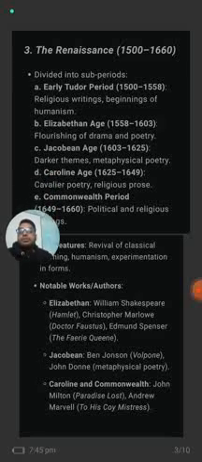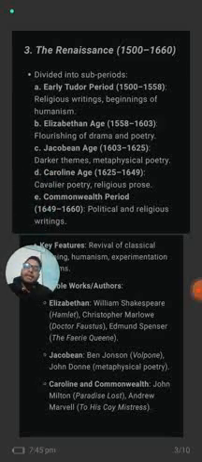Now we will know the Renaissance. The Renaissance period starts from 1500 to 1660. The Renaissance is divided into sub-periods. Number one is the early Tudor period.